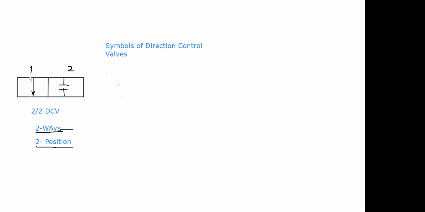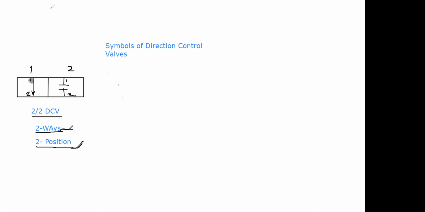This is the first way and this is the second way, or you can say these are the 2 ports. This is the first port and this is the second port. One way is to come in and the second way is to go out. That's why there are 2 ways in each position, and that's why the name of this valve is 2 by 2 valve: 2 way and 2 position.